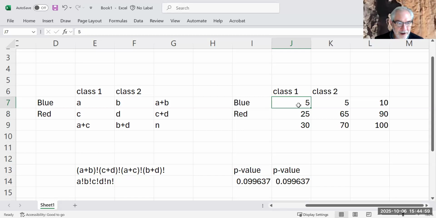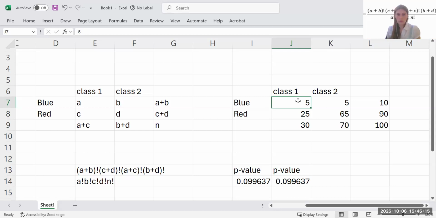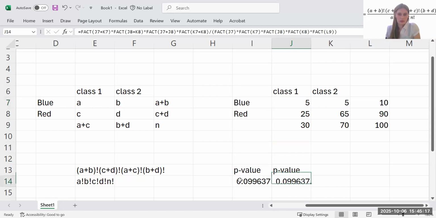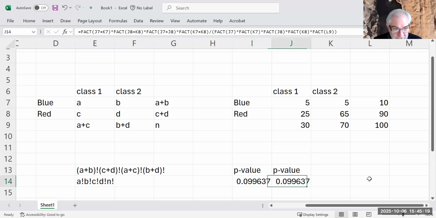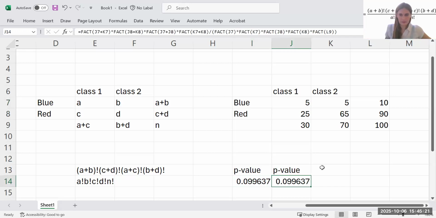So it looks pretty consistent. I'm wondering now if we change these values with the same proportions across A, B, C, and D, but make those numbers smaller, like divide each one of them by 5. Okay, we'll try that and see what happens to these bits right here. Let me write that p-value down: 0.0996337.